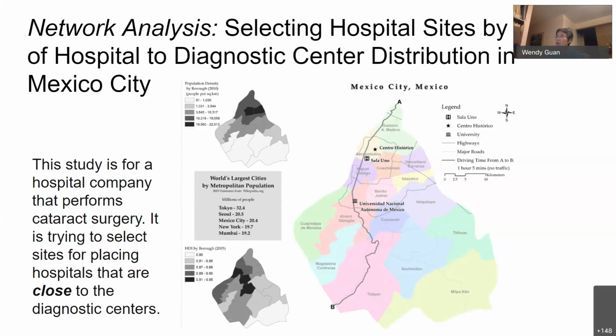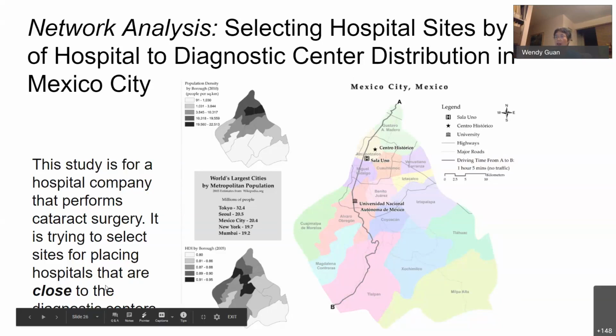But they want to find the site which is close to the diagnostic center. Therefore, patients, once they're diagnosed, can go conveniently to a hospital to have the surgery performed. But this type of closeness I highlighted here, right? How do you define closeness?